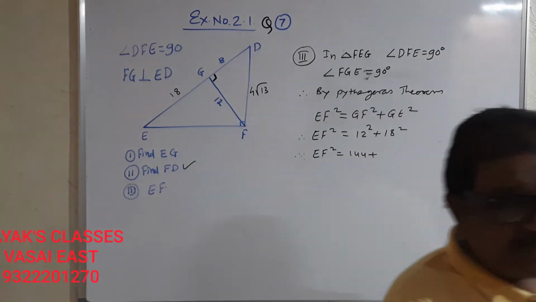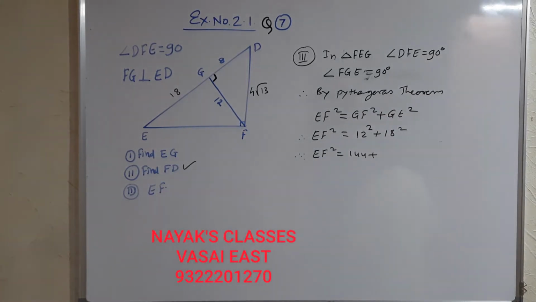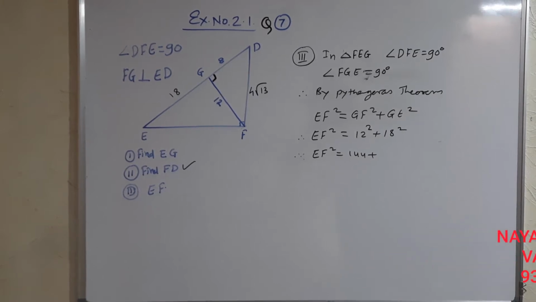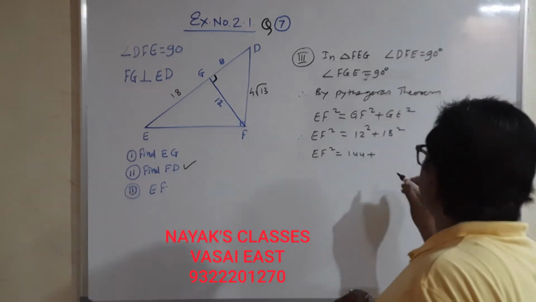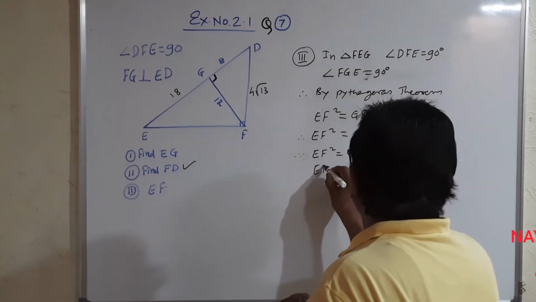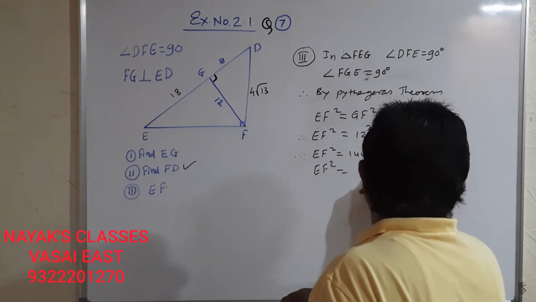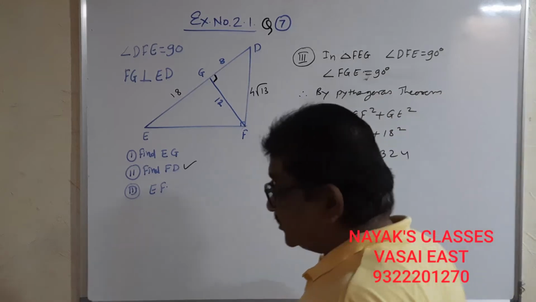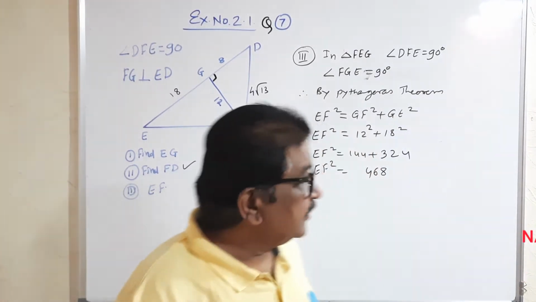You have to be very quick in these squares and square roots. 18 square is 324. The sum is 468.